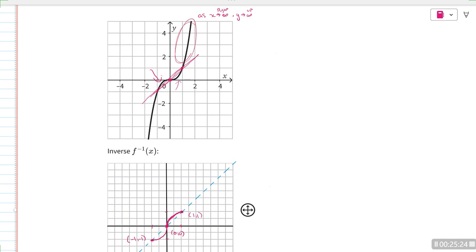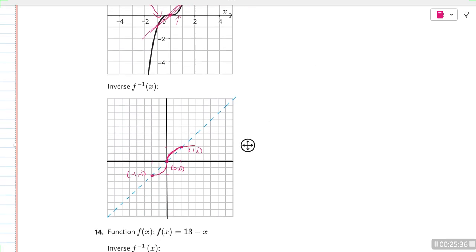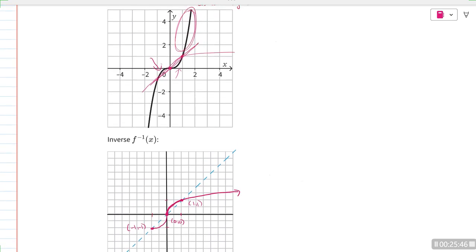Now, if I look at this part here, I'm going up pretty steeply as I go to the right. So I'm going to go pretty steep horizontally this way, right? I'm going to kind of mimic that shape this way. I'm going to make that look a little bit more. There we go. Okay, I'm not labeling any other points.